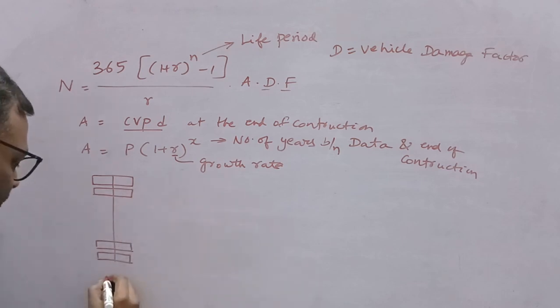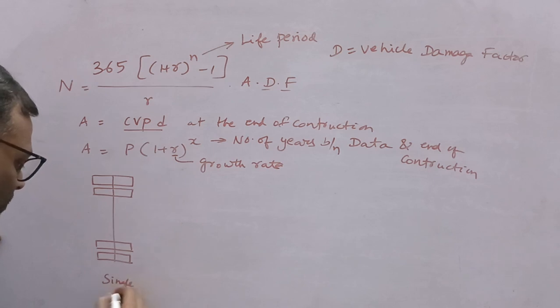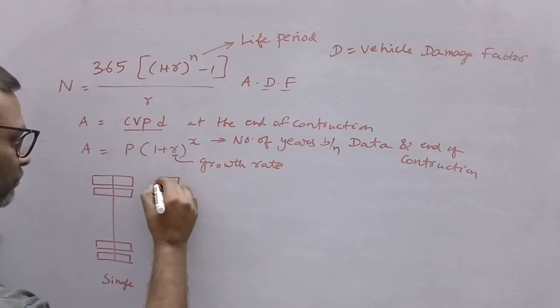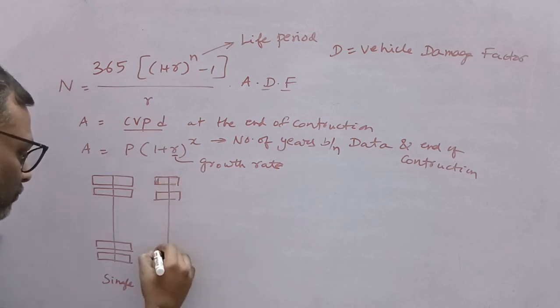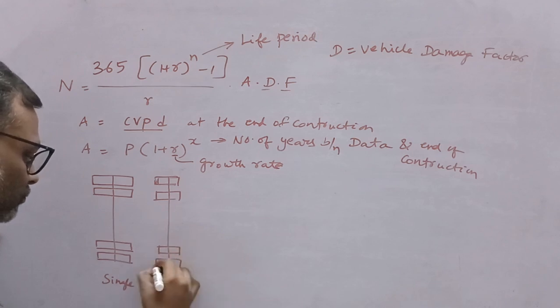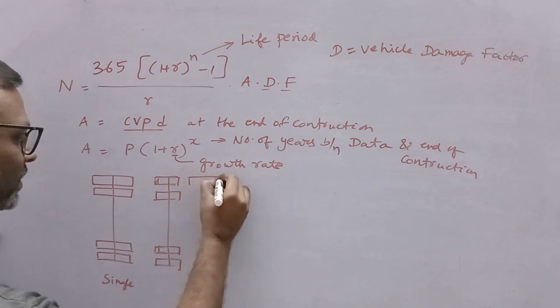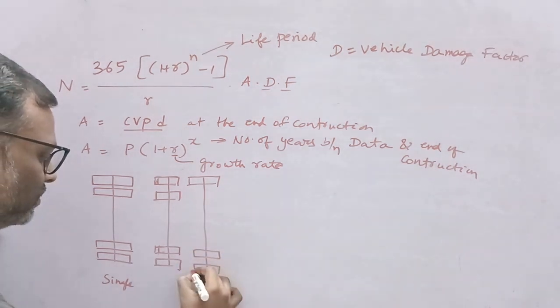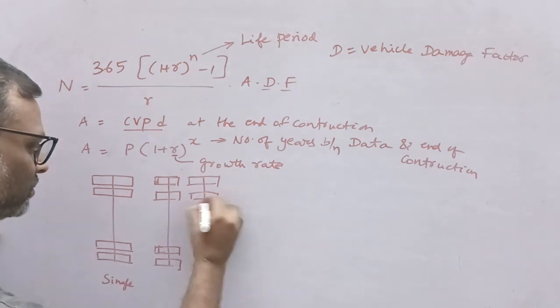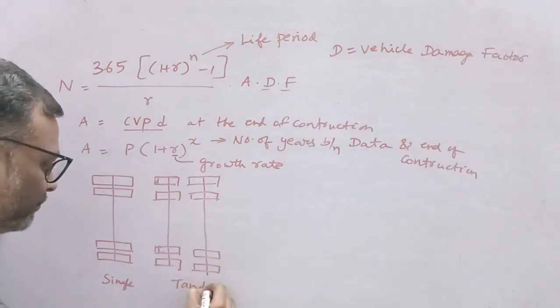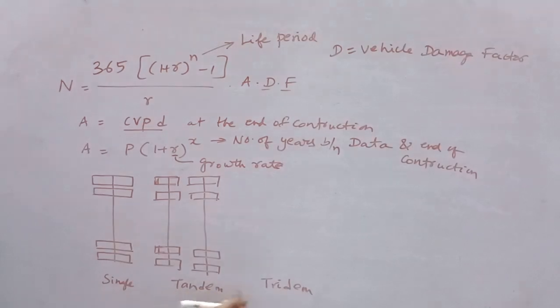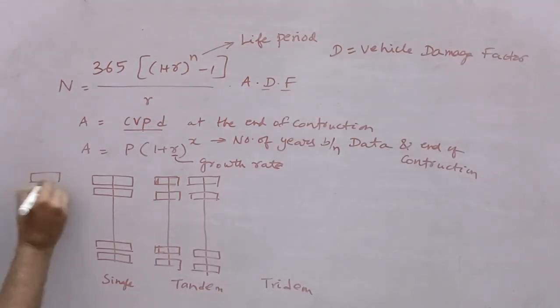There will be tandem and tridem. This is single axle. Similarly we have tandem, so two single axles with dual wheels on both sides. This is tandem. And similarly we have tridem, and it might be a single wheel on both sides.